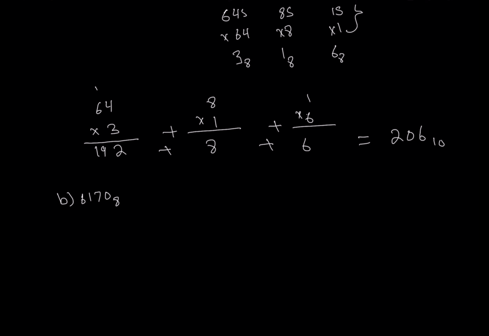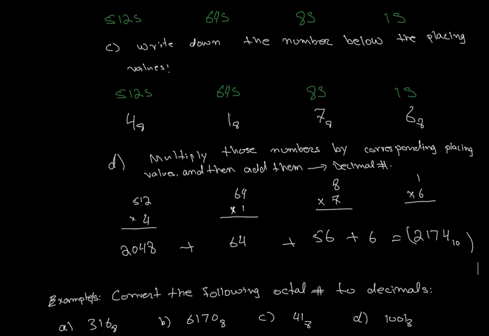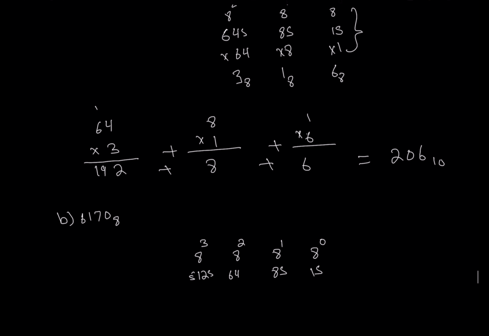We can deal with 4 digits, so we can do 8 to the 0, 8 to the power 1, 8 to the power 2, 8 to the power 3. So that will be 1s, 8s, 64s, 512s, I believe. So that will be 512s, yes, correct.